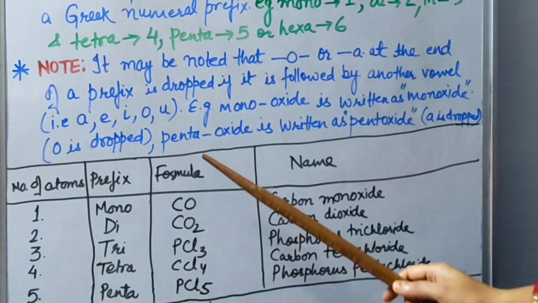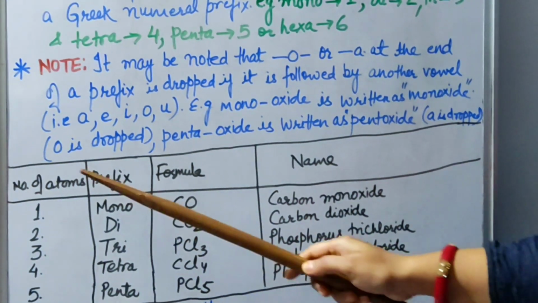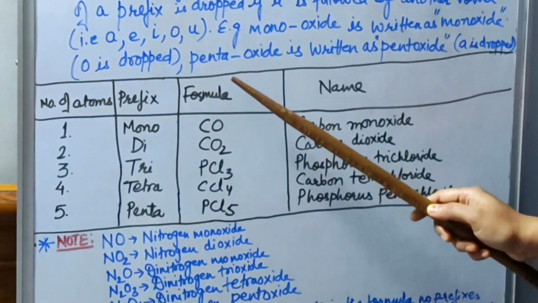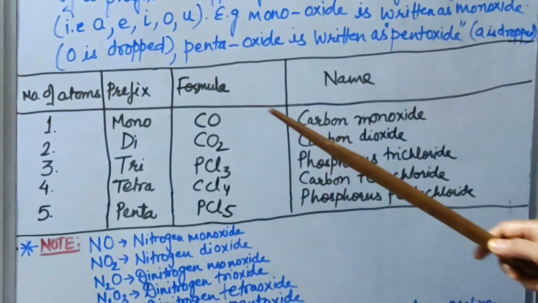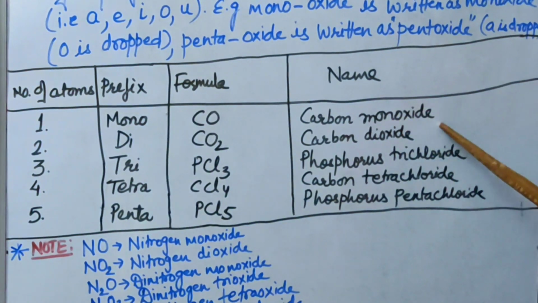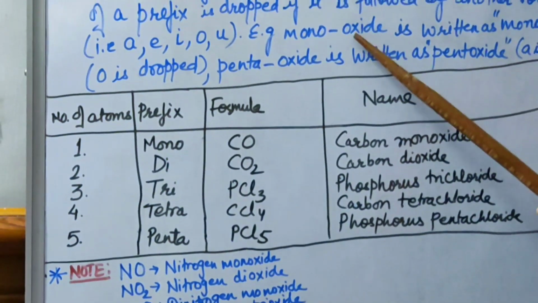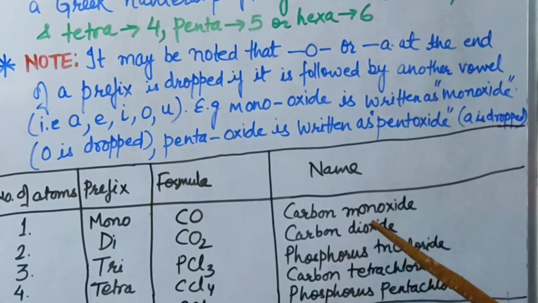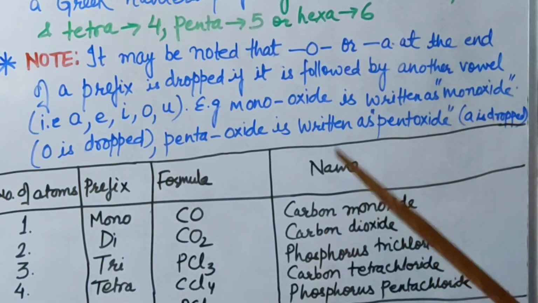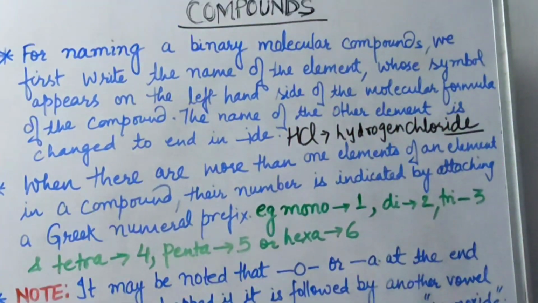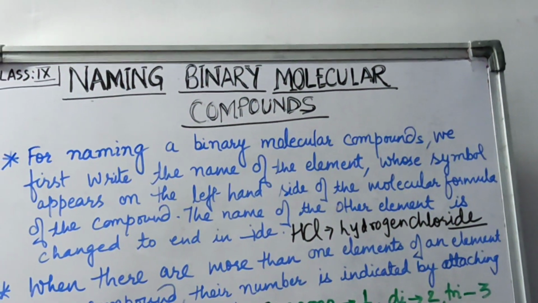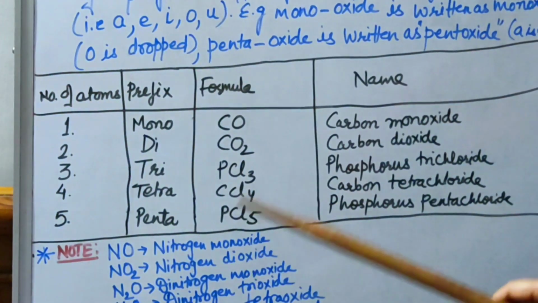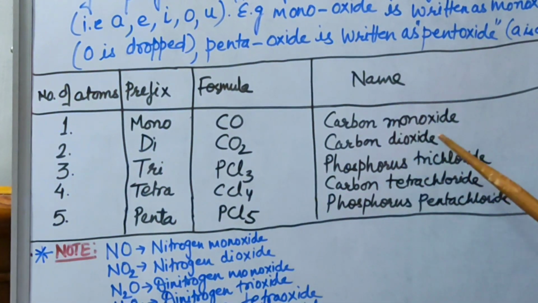Some examples I have written here. When the number of atoms is 1, you use the prefix mono, and the formula is CO, so the name will be carbon monoxide. See here, double O is not written, here also the O is dropped. Understood? This is how we name binary molecular compounds. If the number of atoms is 2, you put the prefix di, so the name will be carbon dioxide.